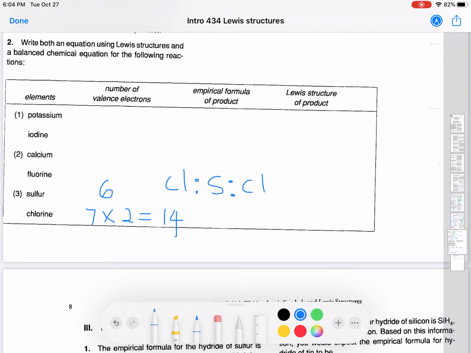And then the Lewis structure would be, or you can also write it like this, separate.